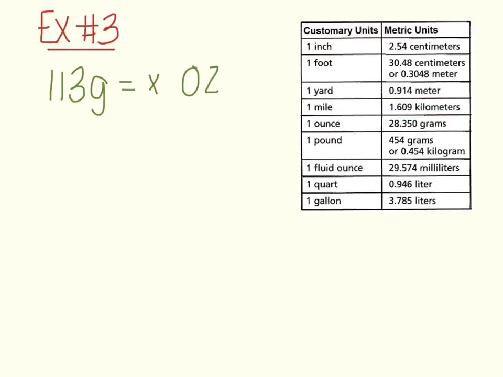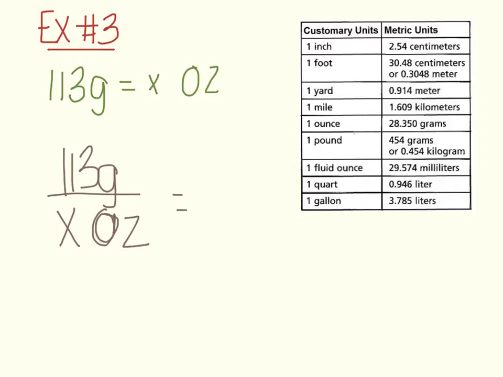Example 3, we have 113 grams equals X ounces. So we look in the chart to compare grams and ounces. And I see that right here.